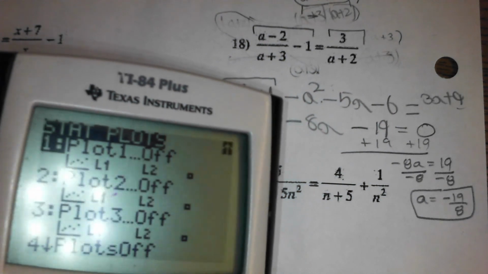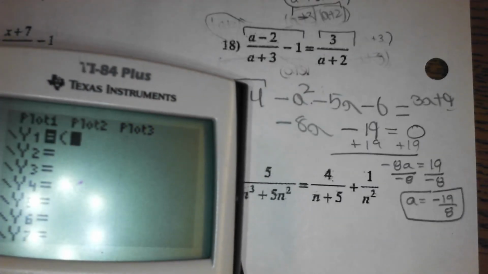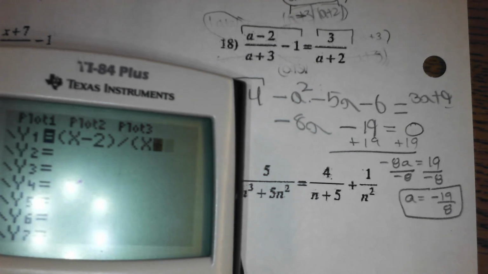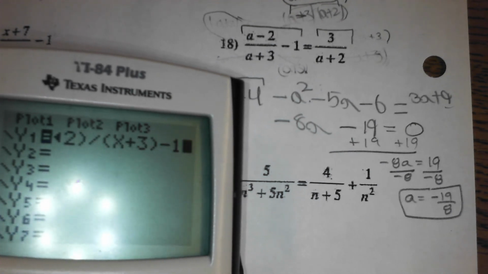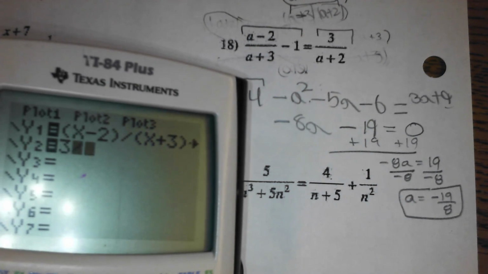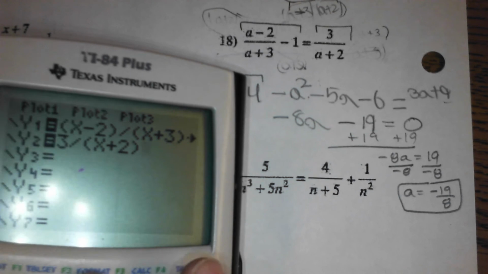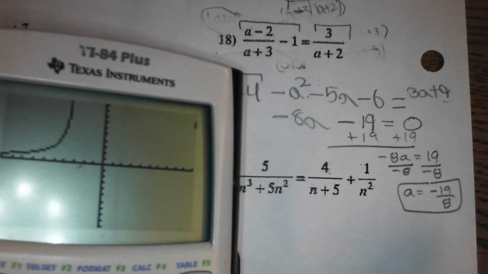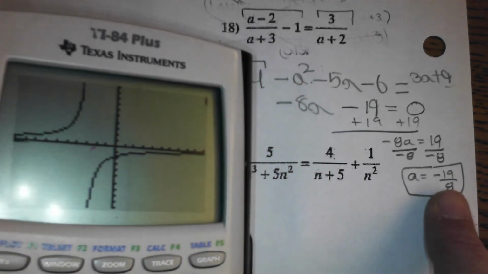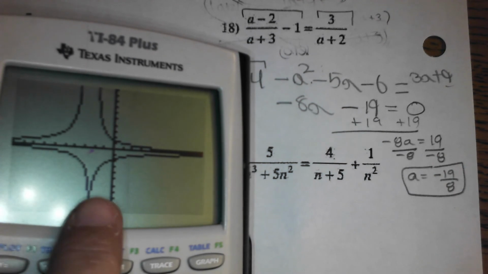Okay, so one equation is x minus 2 over x plus 3 minus 1. That's the left side of the equation. The right side of the equation is 3 over x plus 2. Graph them, see where they cross. They should cross at negative 19/8, which looks like it's down there somewhere.